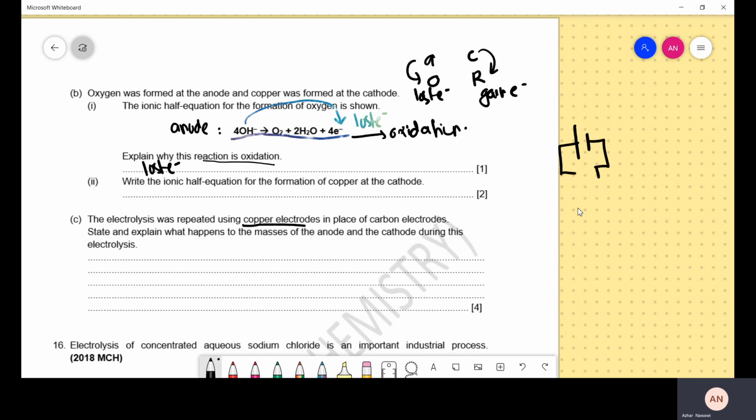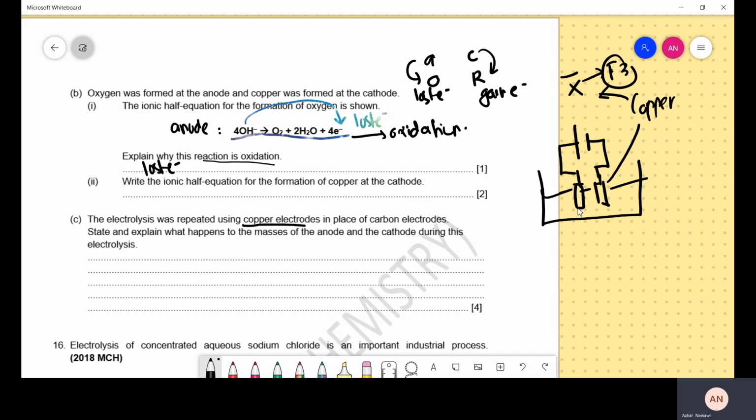If you don't want to draw, you will have difficulty answering electrolysis questions. So label, this is a copper electrode now. Is it inert or not? Not inert, so you know this is factor number 3.